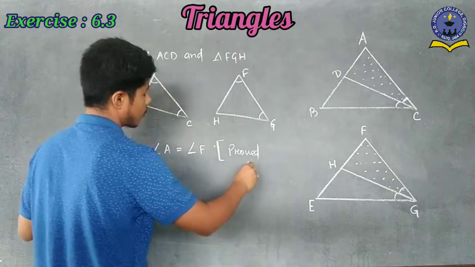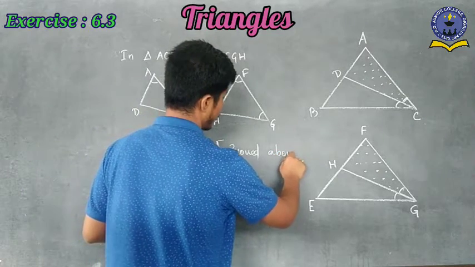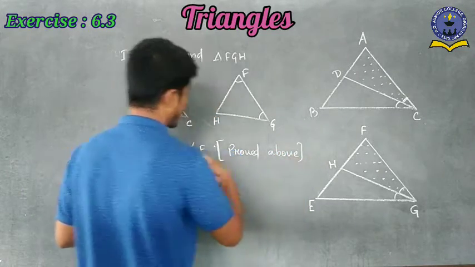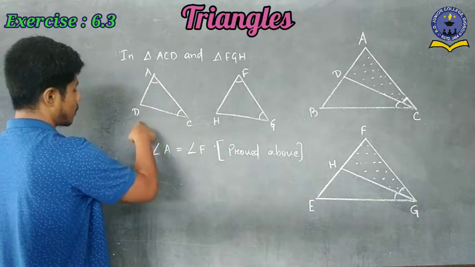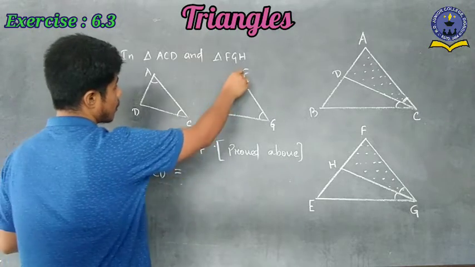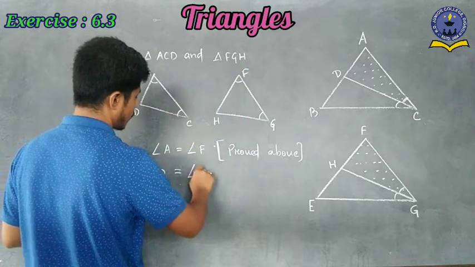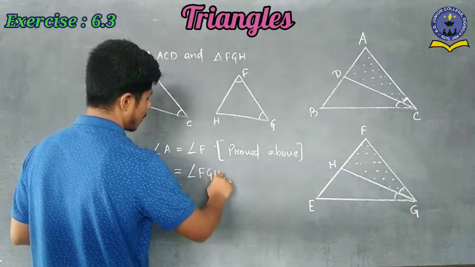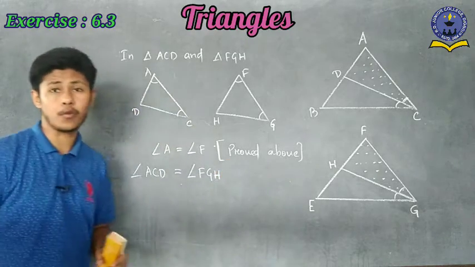Already we proved it, so you write proved above, or if you know, no need to write this. As well as angle ACD is equal to angle FGH, again write proved above.